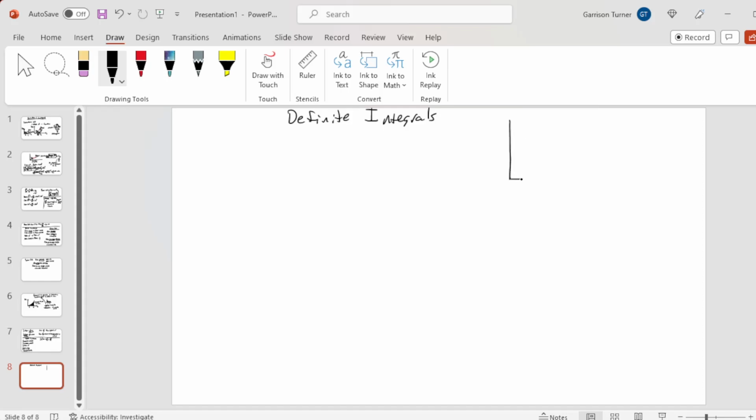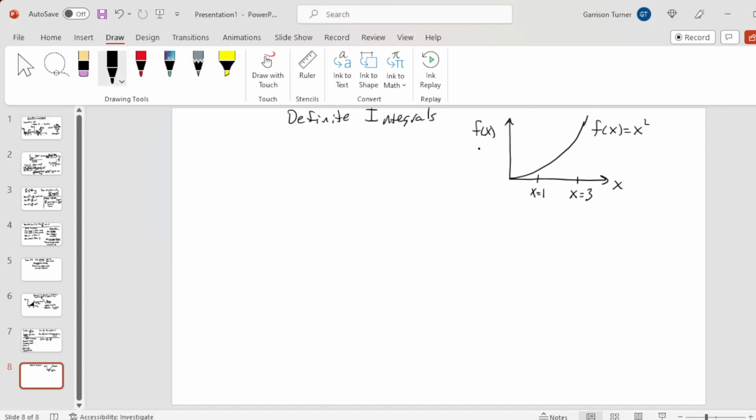Let's actually do an explicit example here. Let's say I have the function f of x equals x squared, and I want to calculate the area under the curve between x equals 1 and x equals 3.